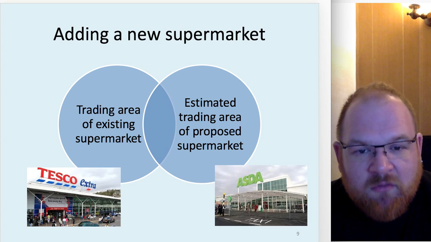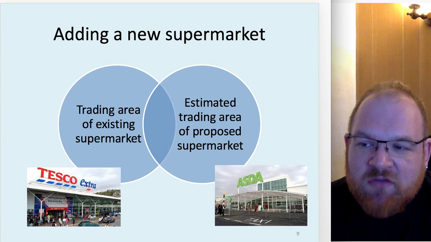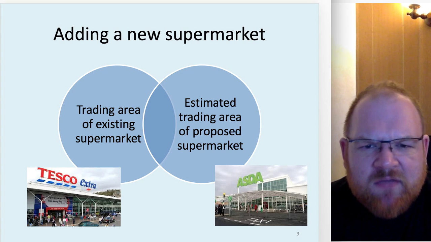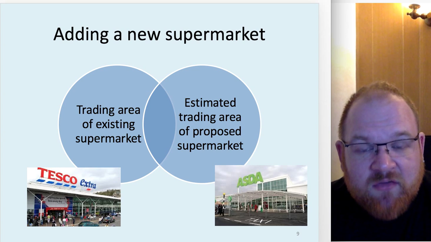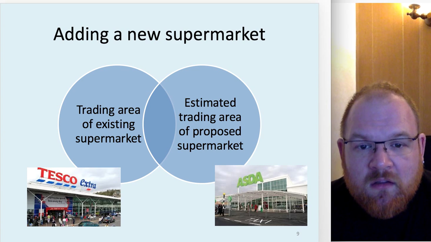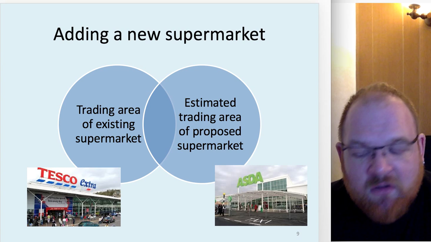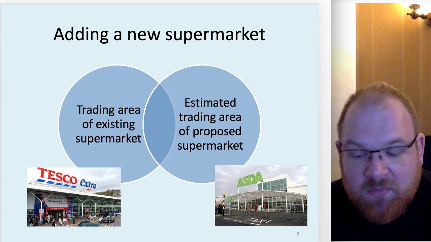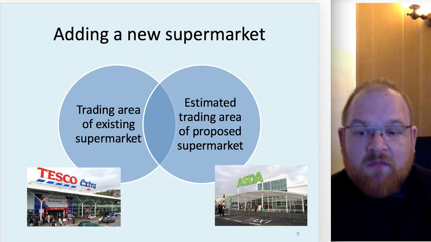However, if there are a couple of other large supermarkets in that particular region, what it may be is that your entry into that market can be a good source of competition, and people will see that as a good thing in terms of price reduction, etc. You also need to think about the trading area of the proposed supermarket, and how do those overlap? Is there going to be a significant overlap, or is there going to be a relatively small area that is covered by both?